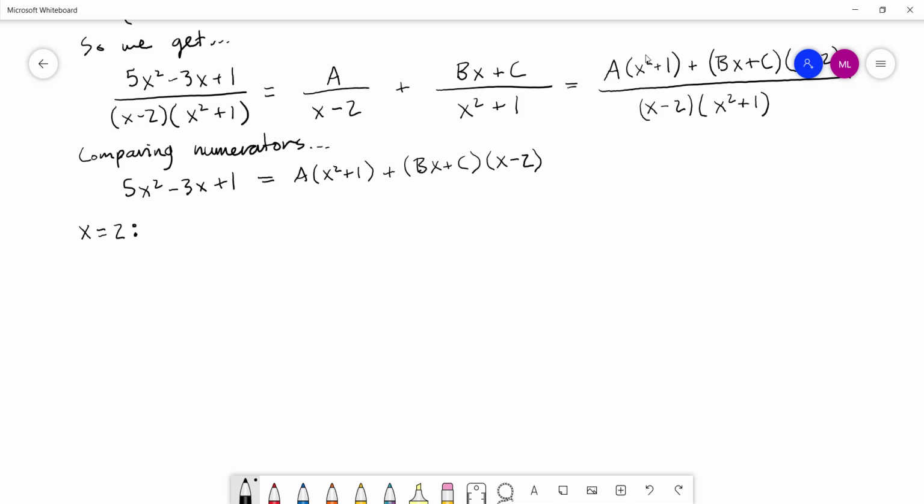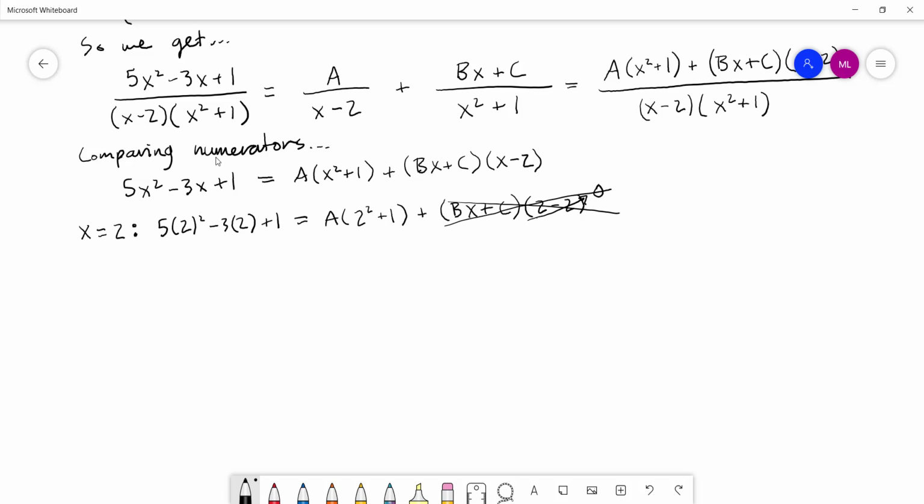So on the left-hand side, I'd get 5 times 2 squared minus 3 times 2 plus 1, and that's going to be equal to a times 2 squared plus 1 plus, I'll write it out and then we'll cancel it, bx plus c times 2 minus 2, which again, that is 0, and that means this whole term disappears.